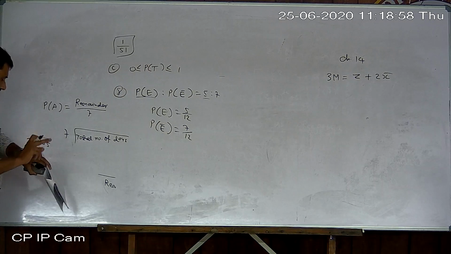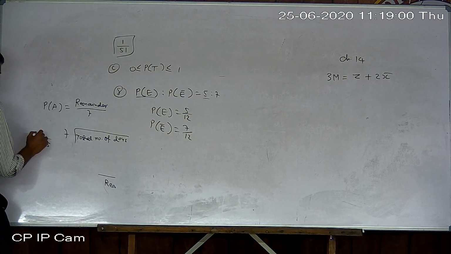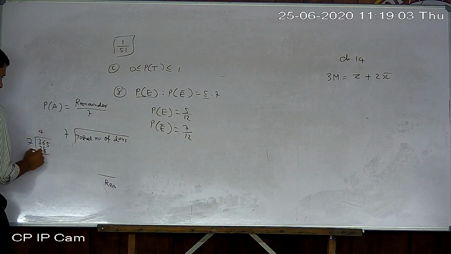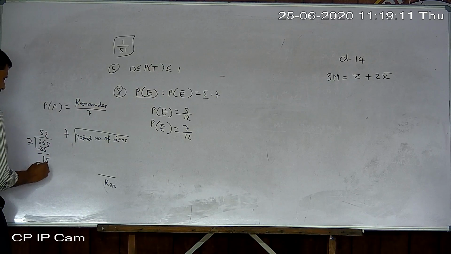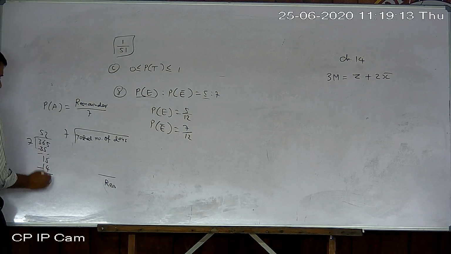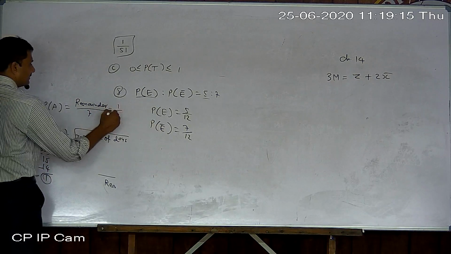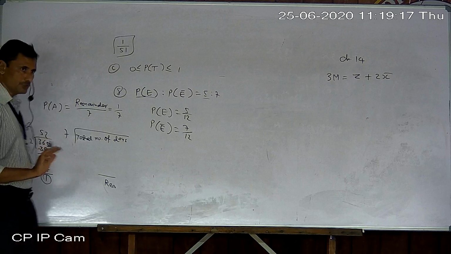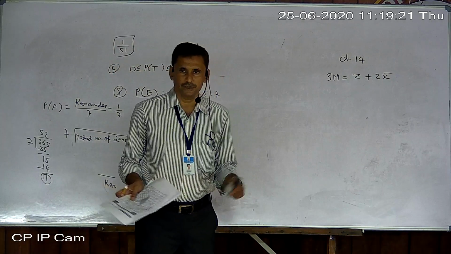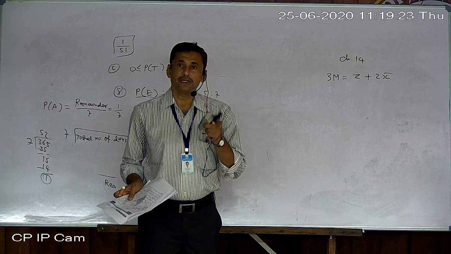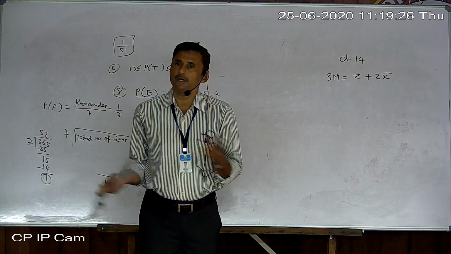If it is a leap year, then 366. So 7 5s are 35... 1 is left. The remainder is important for us, so 1 by 7 will be the answer. If it is a non-leap year, 365; leap year, 366. In February also remember, if it is a leap year, 29 days; non-leap year, 28.